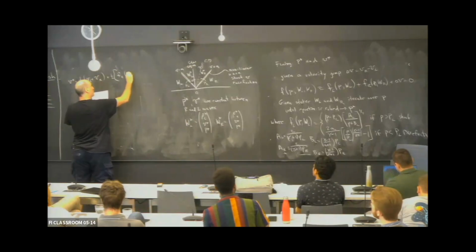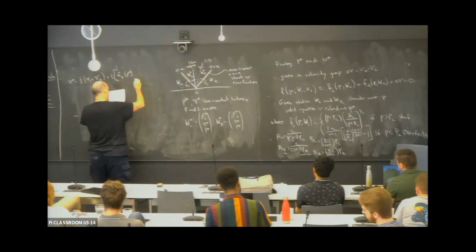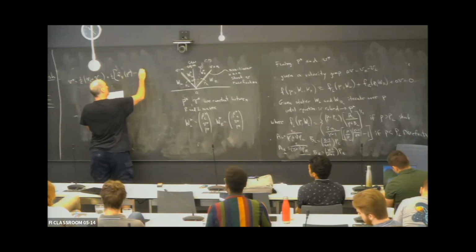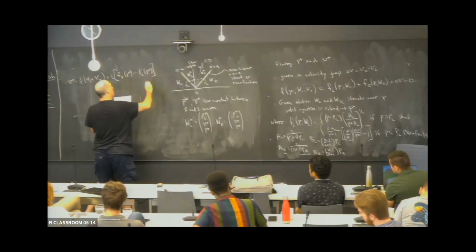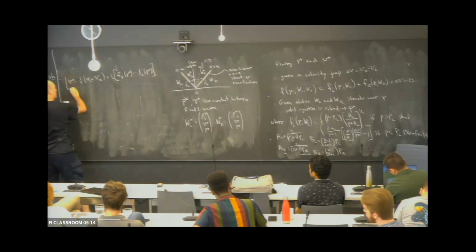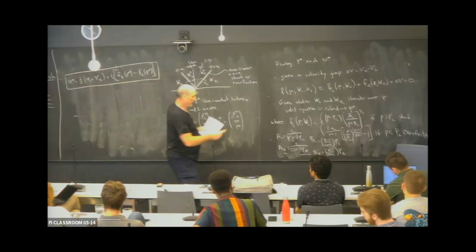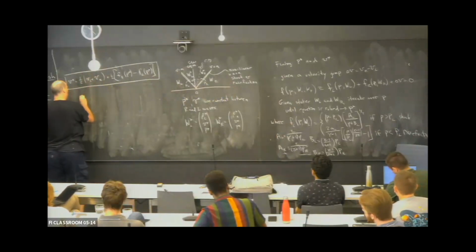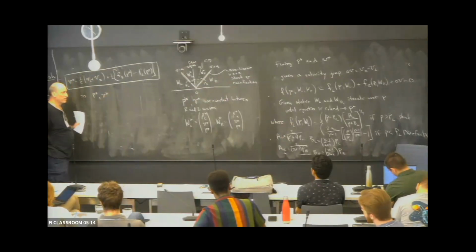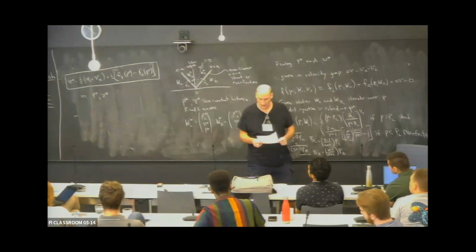So you found P star through iteration. Now you have both, and that is the solution to the Riemann problem. So that's the exact solution.